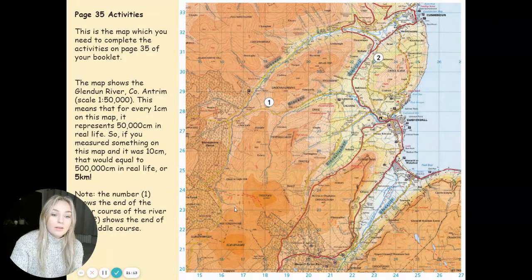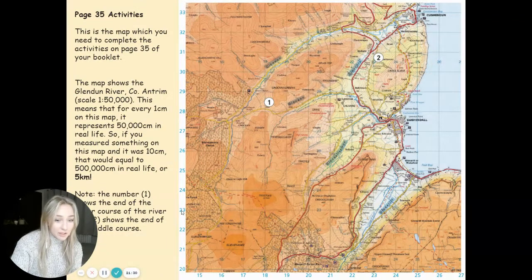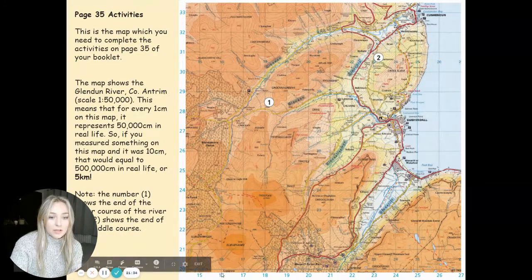So this square, got it? Right, so bottom left-hand corner of the square, we want the bottom numbers first, so it's going to be 16, sorry, 16. And then this is the line that's touching the bottom left-hand corner, 23. So your 4-figure grid reference for the waterfall in the upper course of Glendon River is 1623.